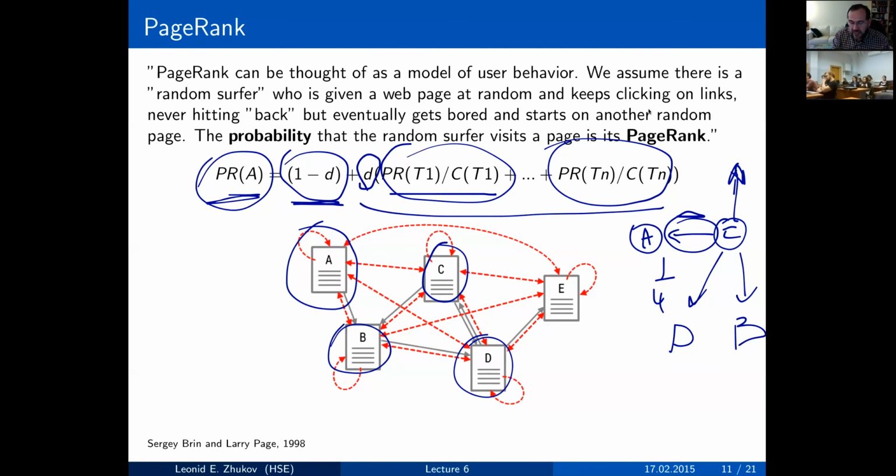The same with absorbing nodes. If there is an absorbing node and there were no edges leaving it, well, now there are virtual edges. It just means when somebody gets there, well, there is this probability to get out. So that's sort of the big picture and the idea.